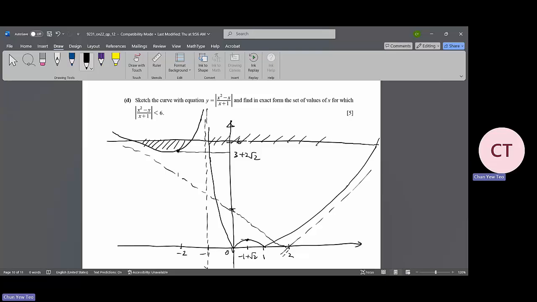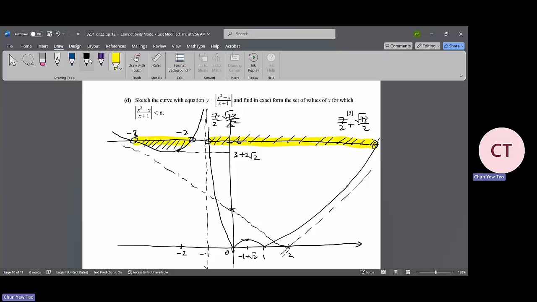We have found that this is negative 3, this is negative 2, this is 7 over 2 minus the square root of 73 over 2, and this one is 7 over 2 plus the square root of 73 over 2. So the answer will be here and here.